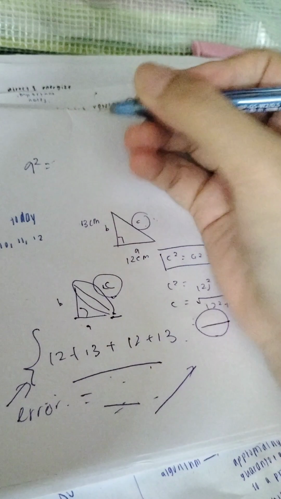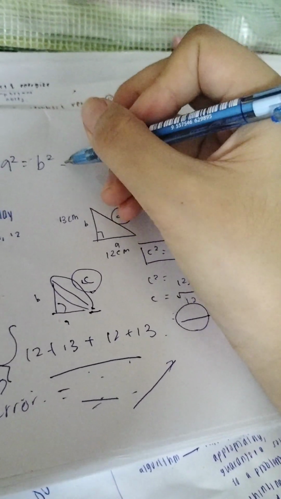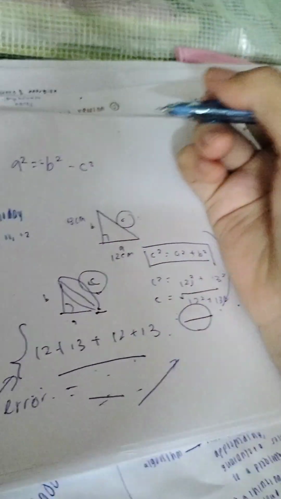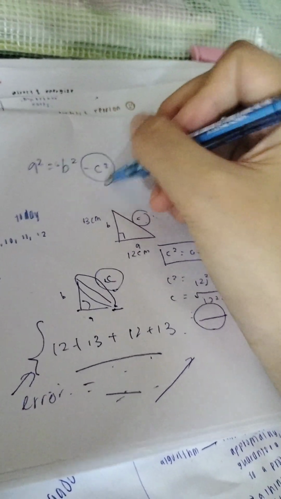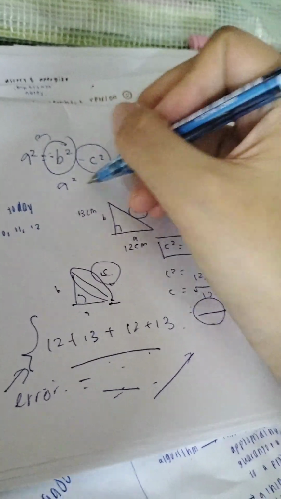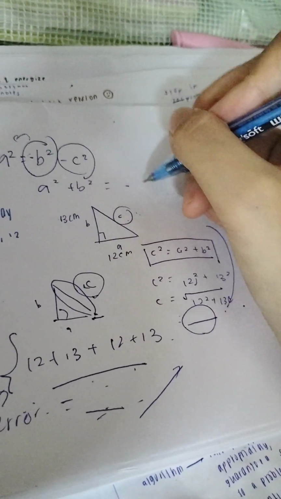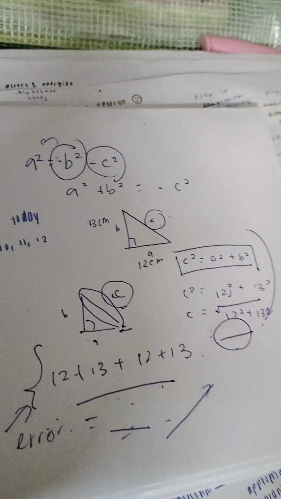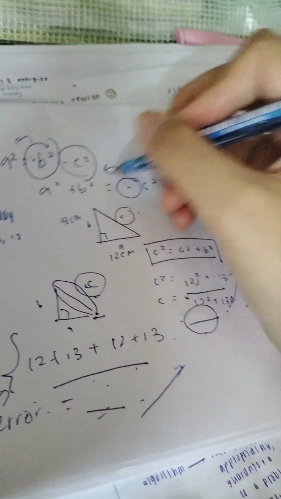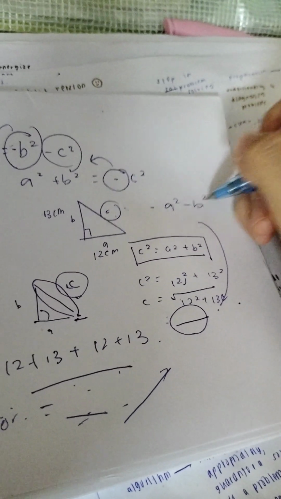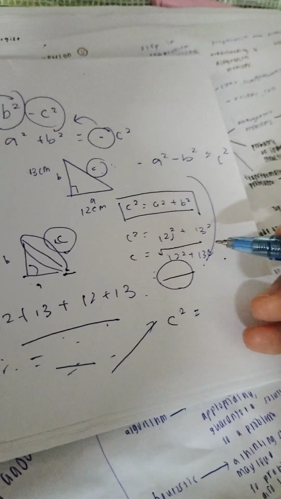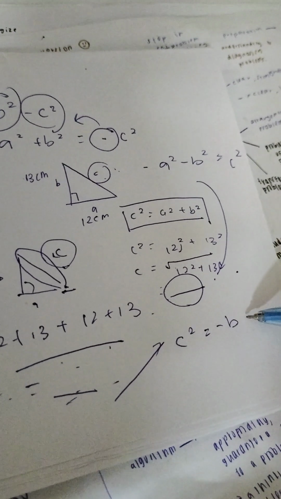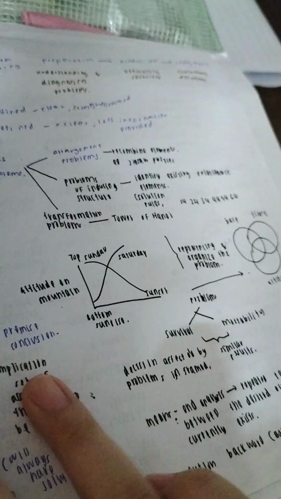A, B, minus C. So you want to find C. You put this A equal to negative C. Okay, and then negative A, negative B, C, and C also can be negative B, negative A, something like that. I'll just ignore it if it was wrong. Okay, and then after that we have these problems.